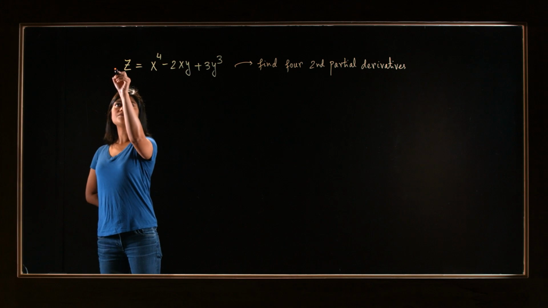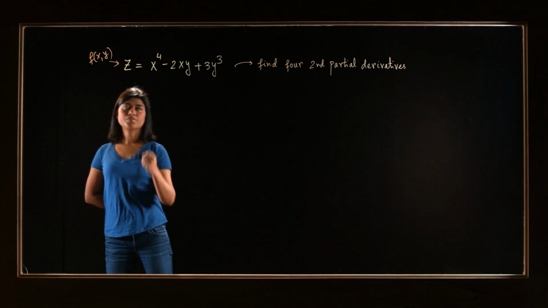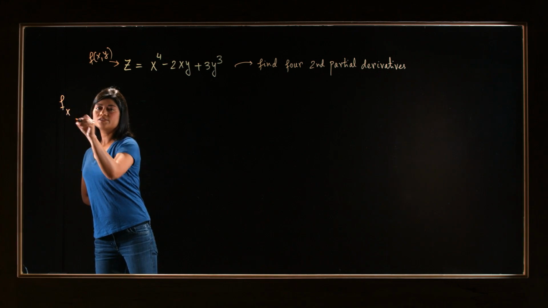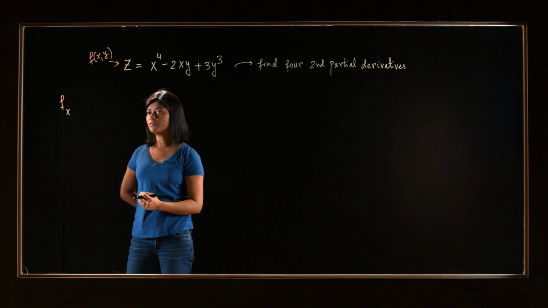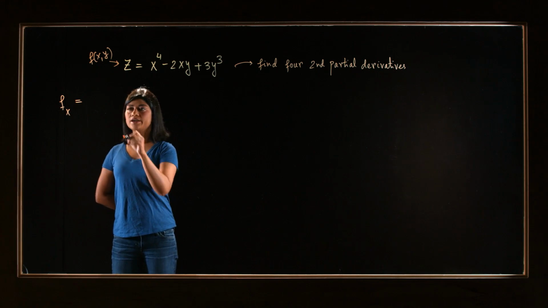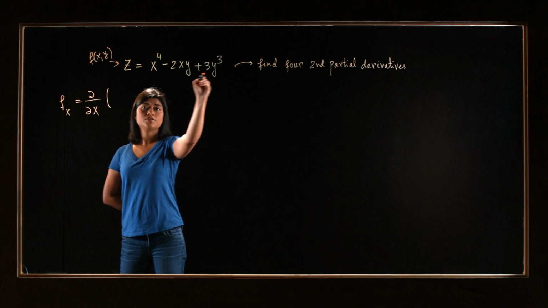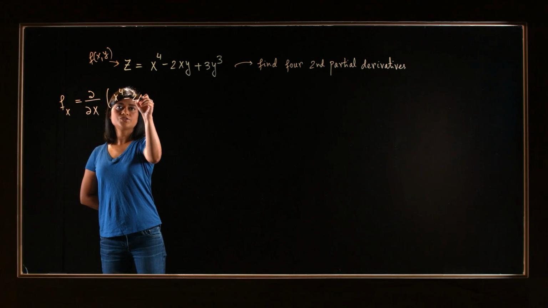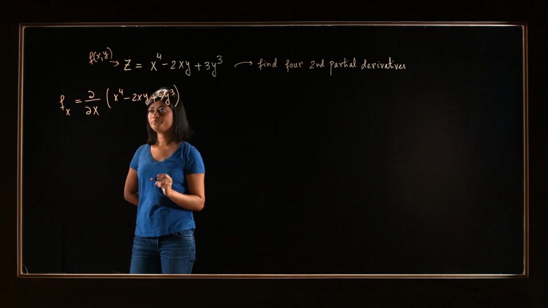So let's call this function f of x comma y, and we will use the notation fx to denote one of the first partial derivatives of the function f. So fx is the partial with respect to x of this expression, x to the 4 minus 2xy plus 3y cubed.